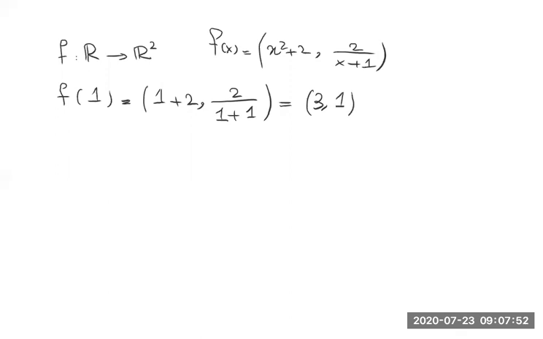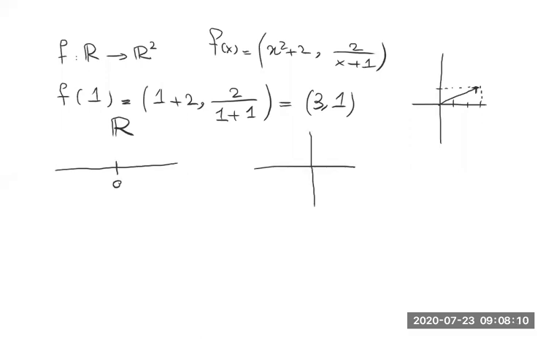As you can see, (3, 1) is a vector in R2. So this function f, its domain is R, its target is R2. This function sends every point in R to a vector in R2. For example, it sends 1 to this vector (3, 1).